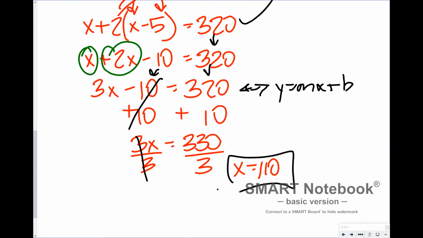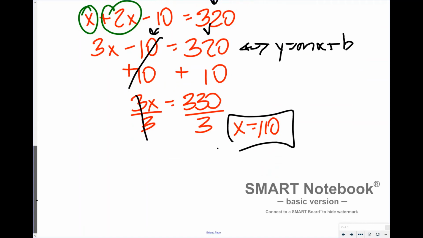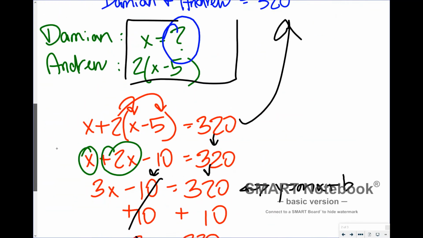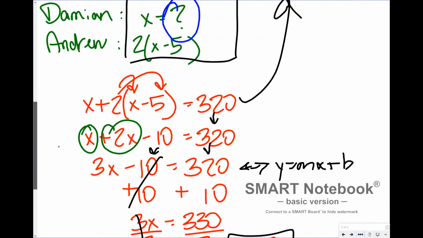Now, we need to figure out what Andrew's score, what did he get? Because I got 110. So we need to figure out what his score is. Well, how in the world are we going to figure out what his score is? Well, ladies and gentlemen, copy all this down here first, and then I'm going to move on.